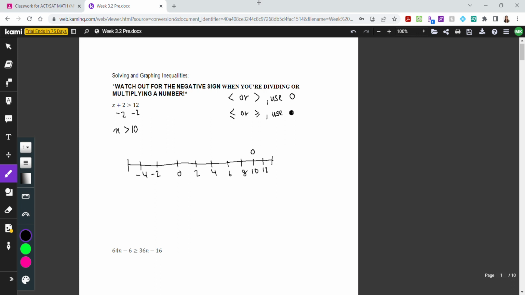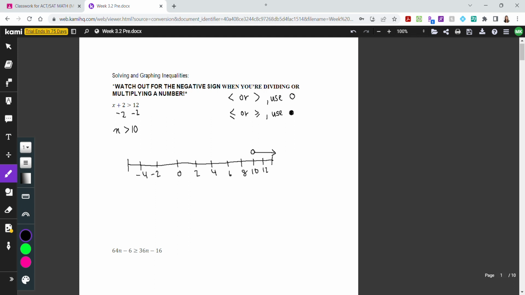You can also draw a hollow dot right on the line itself, but I'm just going to draw on top so we can see it. So from there, draw a hollow dot on top of the 10 and then drag that arrow this way, pointing toward infinity because there's nothing stopping after 10. And this is how you would graph your inequality on a number line.